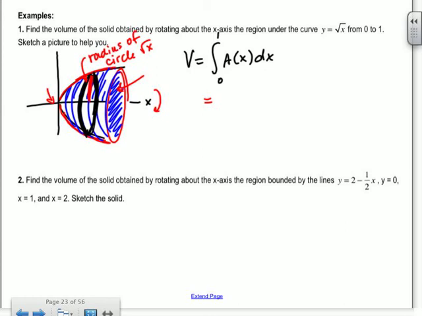So what's the area of the slice? If the radius is square root of x, how do I find the area of the circle? It's pi r squared. So it's pi x. That's what we're going to integrate. So I'm going to have the integral from 0 to 1 of pi x dx.